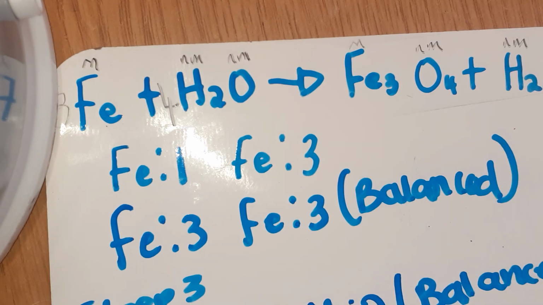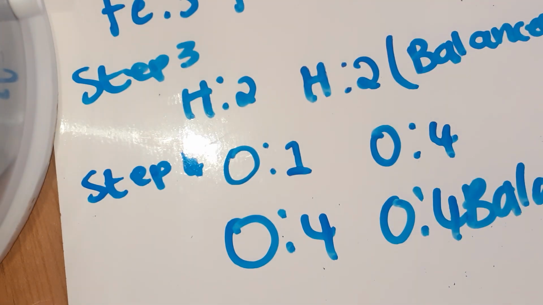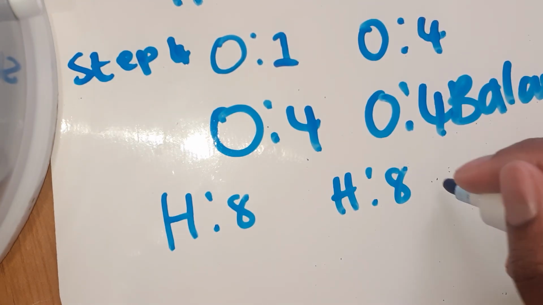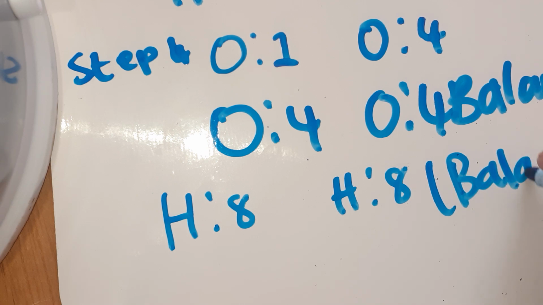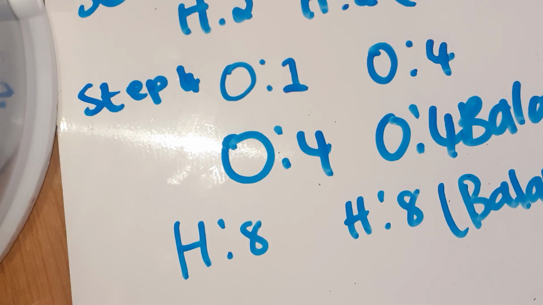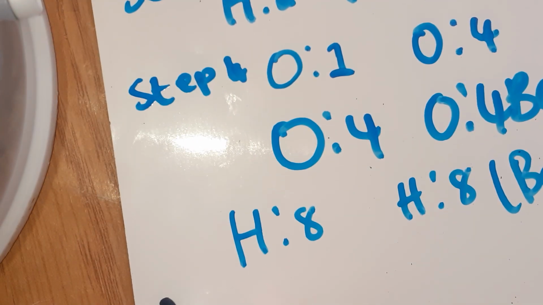So this side we also have to add 4, so that when we say 4 times 2, it gives us 8. So hydrogen, this side is 8, and hydrogen, this side is 8. So we have balanced.